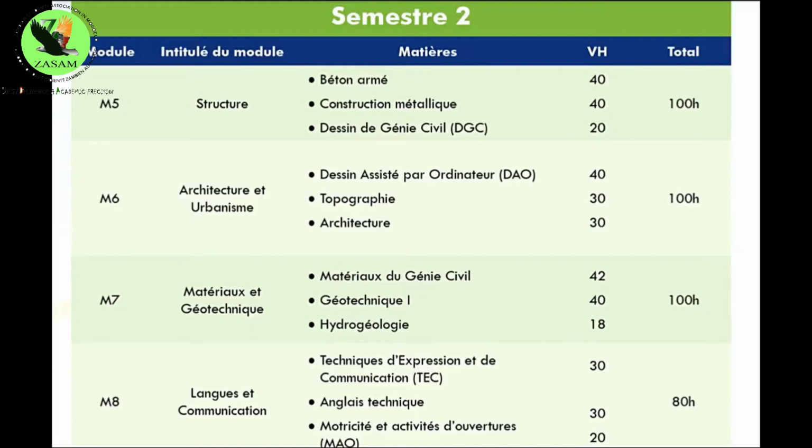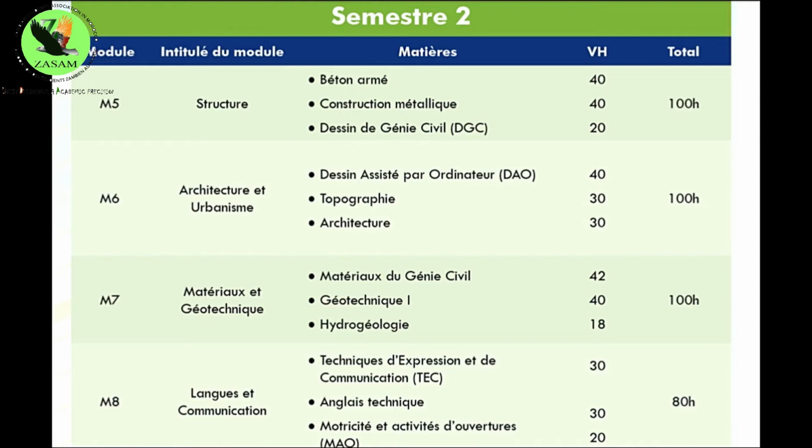When it comes to evaluation, the system that is adopted by my school involves validating with a 12. So if you have a minimum of 12 and above in a module, you have validated, and in that module there are matières. The same thing applies. You need to have 12 and above in order to validate.